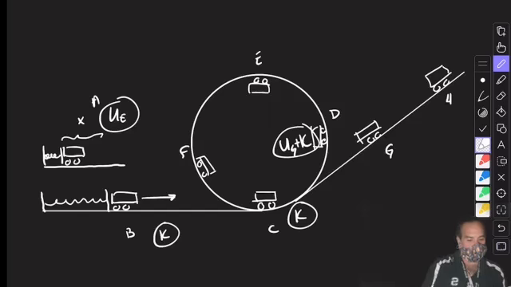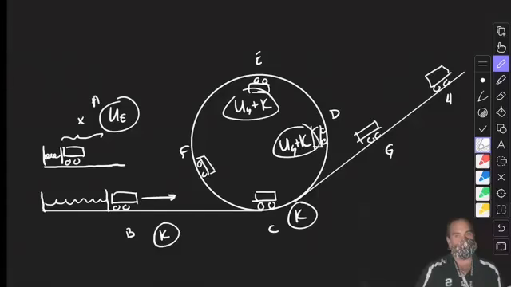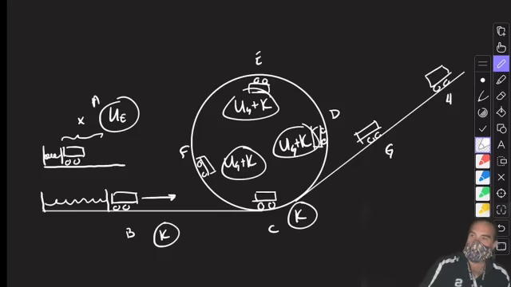I know that the car must have gravitational potential energy and kinetic energy at E, or else it can't be traveling in a circle. Has to have some velocity. Has a gravitational potential here because it's above the ground. Has some kinetic too. Makes it back to C. Looks like it's going to have gravitational here at G, but it's going to have kinetic too.